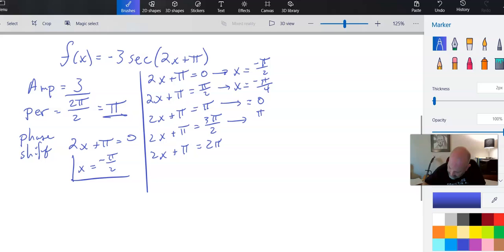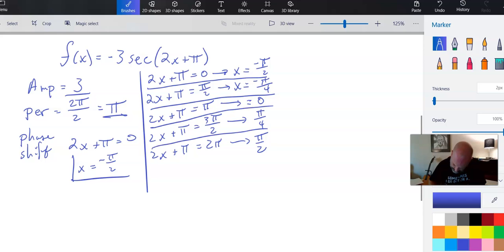Then we end up with positive pi over 4, and finally pi over 2. Right, so we have 5 new points to graph here. So we need to get these on the graph, and then I'm actually going to erase this work here. But you can see each one of these is going to give us a new point.